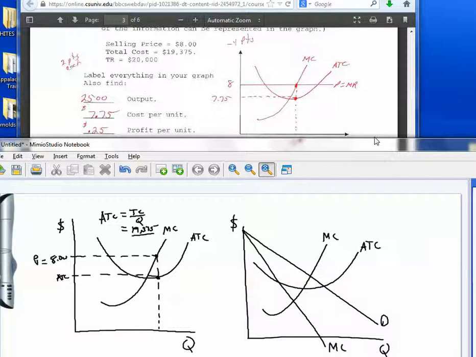Oh shoot, I don't have output. Oh yeah, I do, because I know what total revenue is. So total revenue is P times Q, and I know that total revenue was $20,000. Hope you can see all this, and the selling price was given to be $8. So I can work back and find out what Q was, because it'll be just 20,000 divided by 8. So Q is 2,500.